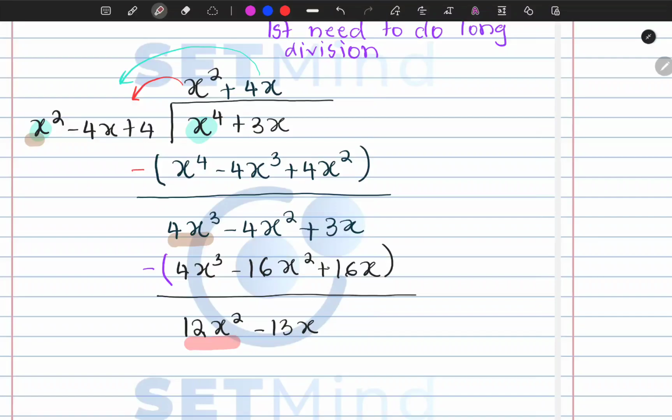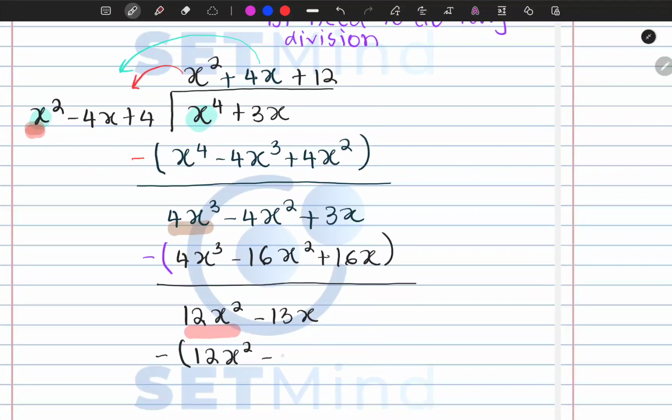You just divide now 12x squared by that, and if you look carefully, what you get is just 12. And we now take the 12, we multiply by it, and we get 12x squared. Then minus 12 by 4, so by 2 it would be 24, and then by another 2 that will be 48.